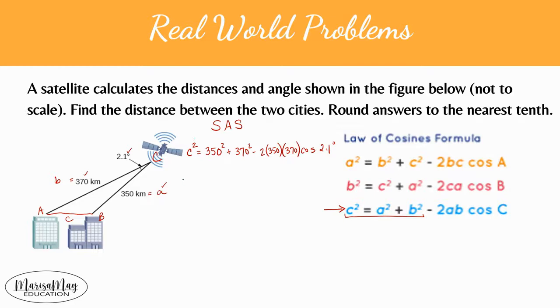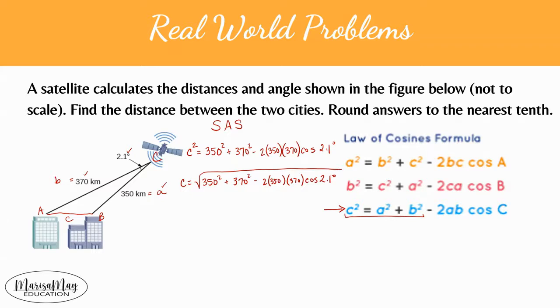You'll notice the c has a square on it. So in order to undo that square, I'm going to have to take the square root of this side over here. And I'm actually going to type that all in one step in my calculator. I'll show you how I do that, but I've got to take the square root of all of that.